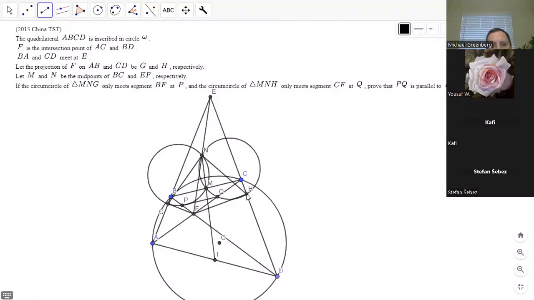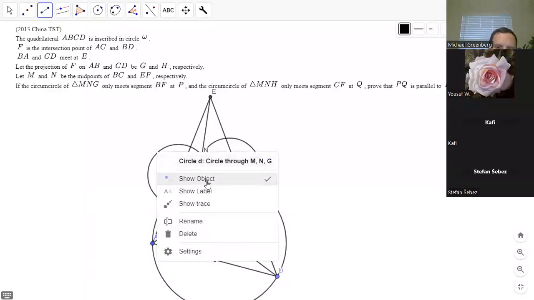And we can show that with a pair of congruent triangles. In fact, triangles MQH and GPM are congruent, if you define P and Q as the midpoints. So first we define P and Q as the midpoints.